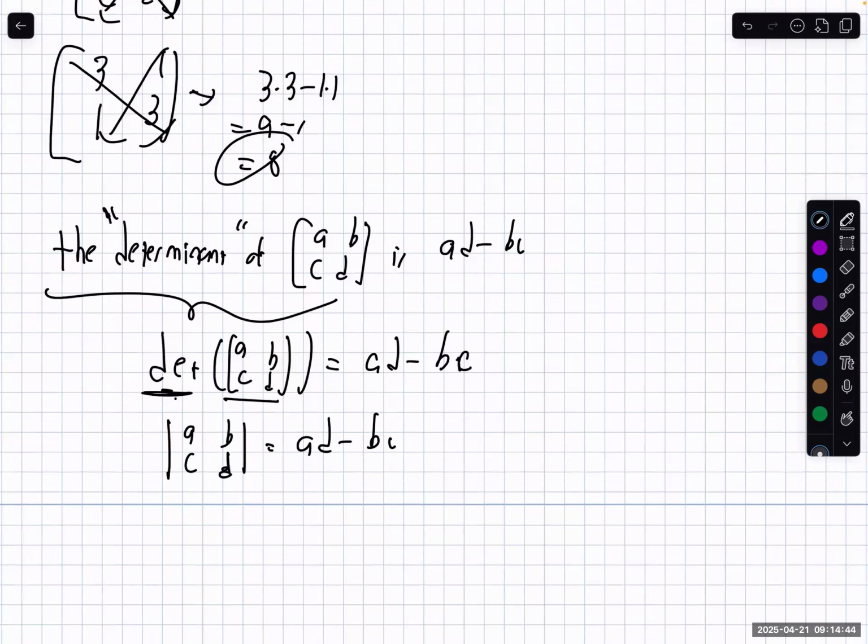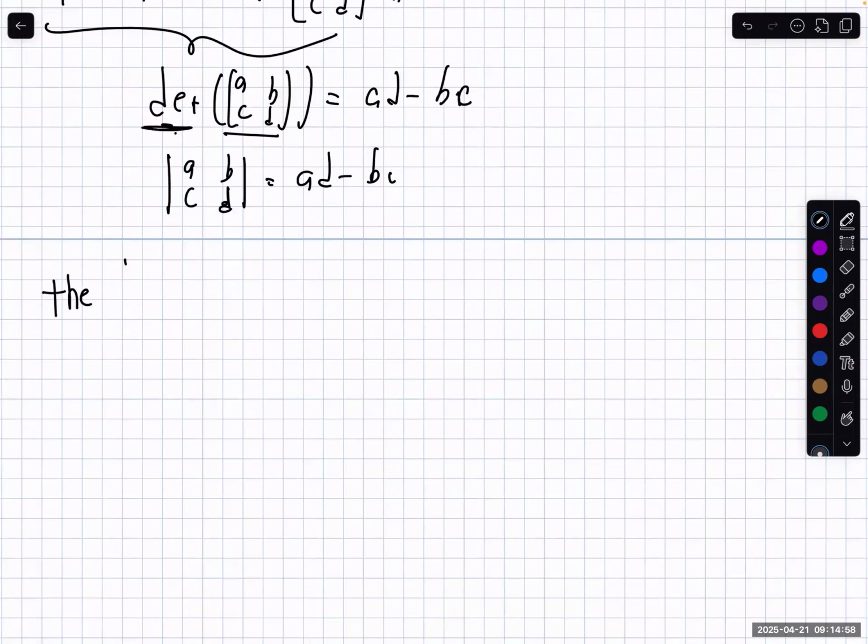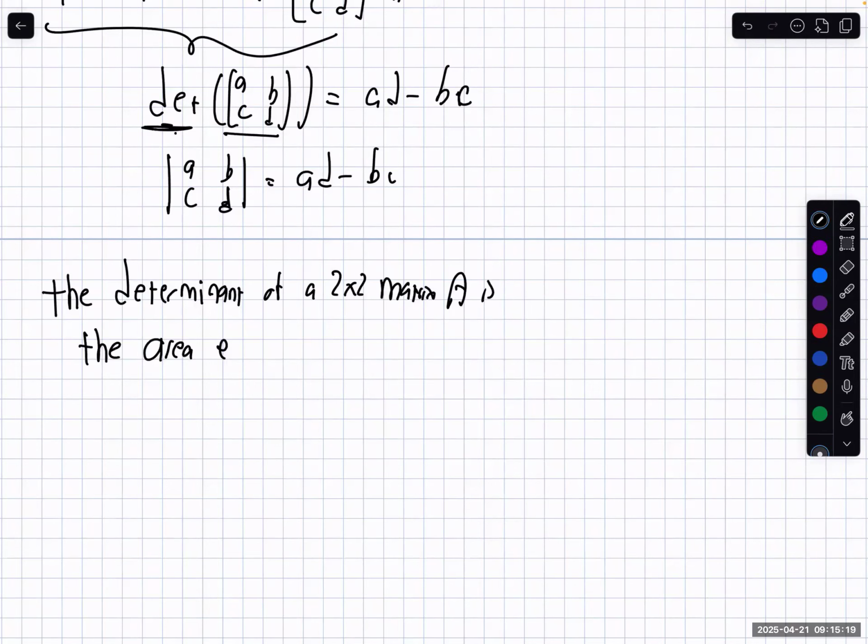And sometimes, just for notation purposes, we use absolute value bars with the 4 numbers and don't put any brackets around it. And that's how we calculate the determinant. So this is what I call the area expansion factor.